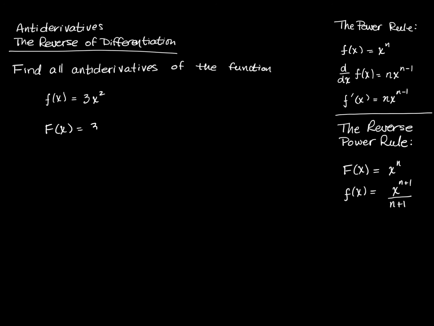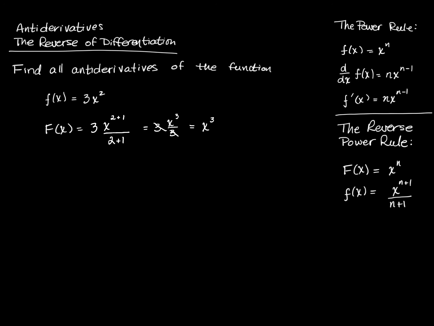And that says you copy down the coefficient, you write the x with a new power of 1 more than the old power, and then you divide by that new power. In this case, that's going to give us 3 times x to the third over 3, and the 3's cancel. So there's an antiderivative of 3x squared.